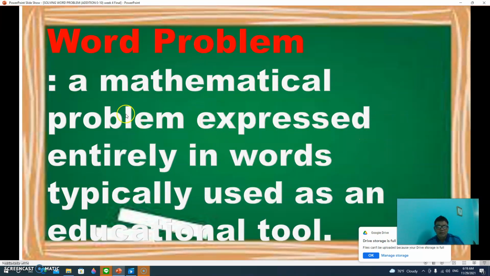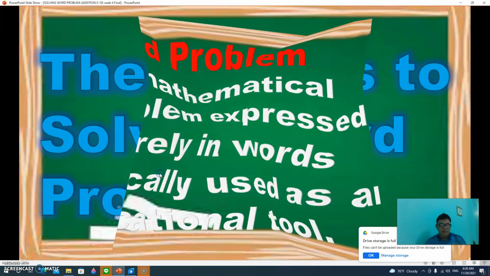In mathematical expression, a word problem is a mathematical problem expressed entirely in words, typically used as an educational tool.